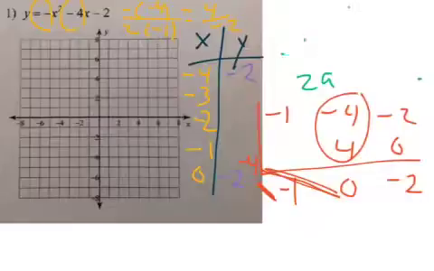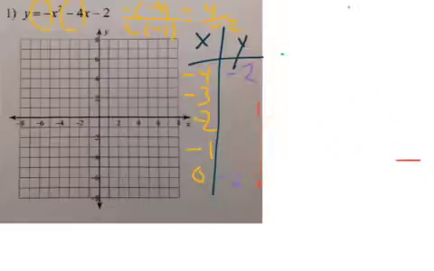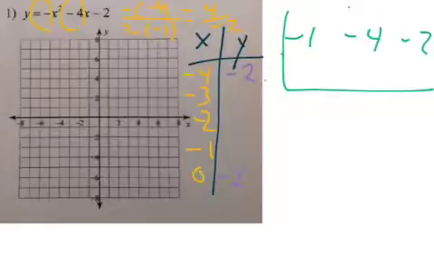So as you can see, I'm erasing here. And so let's keep finishing our table. And so here we go. I'm going to do negative 1, negative 4. By the way, these are, of course, the ABCs of our quadratic equation. And let's try negative 3. So here we go.